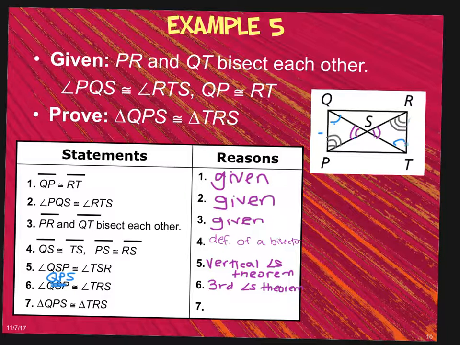What did we say makes two triangles congruent to each other? How do we know that they're congruent? Nope. All triangles add up to 180, right? Same angle. Part of it. What two things have to be true about two triangles? Corresponding angles and sides. Good. All the corresponding sides and all the corresponding angles have to be congruent.